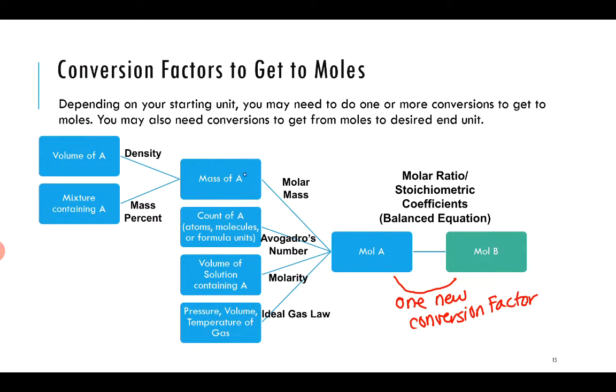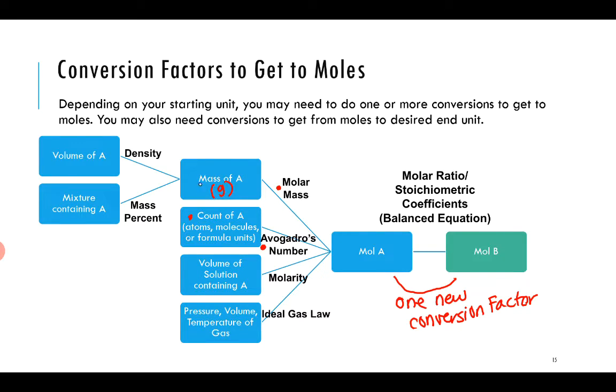And so if you're given a mass, which is commonly in like grams or kilograms or something, then you're going to be using molar mass as your conversion factor to get to moles. If you're given counts of things, like how many atoms of something you have or how many molecules you have, then it's Avogadro's number.